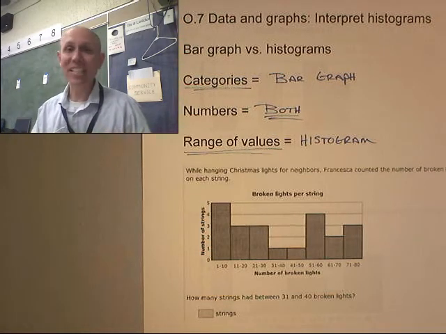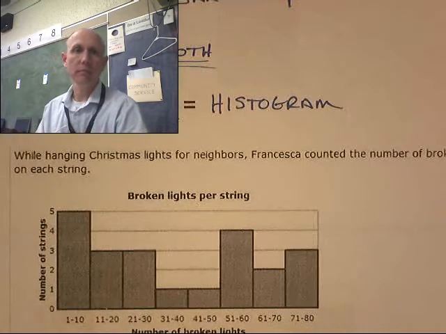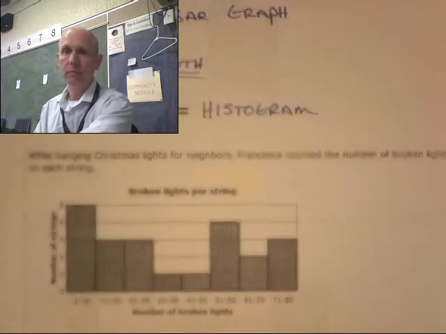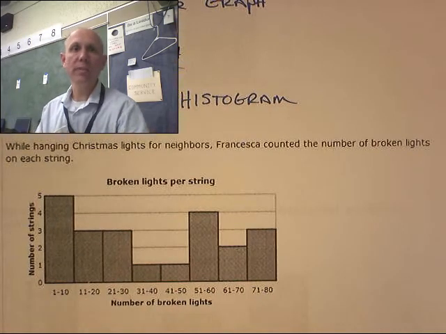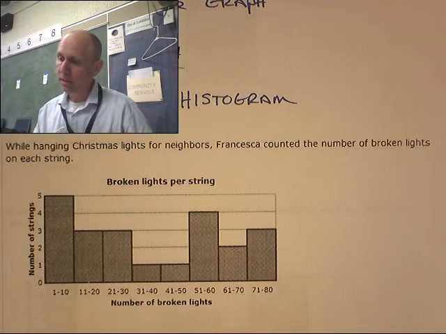So let's look at these histograms. They're going to have a range of values. While hanging Christmas lights for neighbors, Francesca counted the number of broken lights on each string.